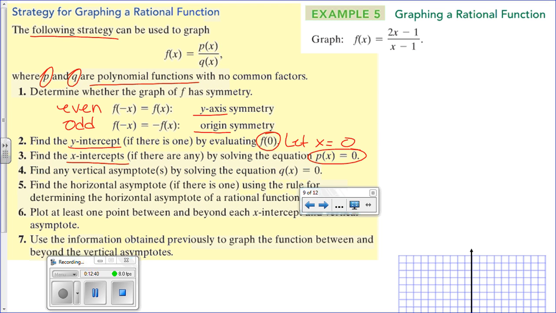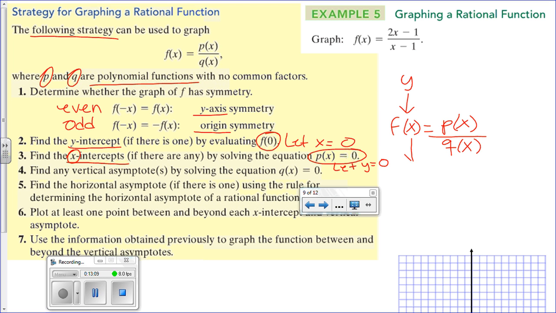And here there's a little shortcut. So if we have the function f of x is equal to p of x over q of x, remember that to find the x-intercepts, we always say you let y equals 0, the other letter. So if we were to do that, we know that f of x is equivalent to y.